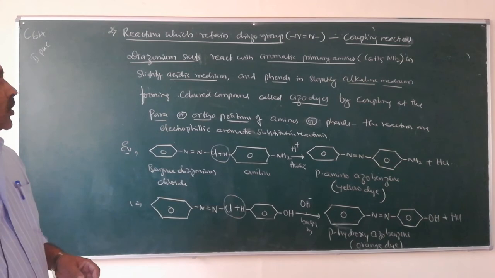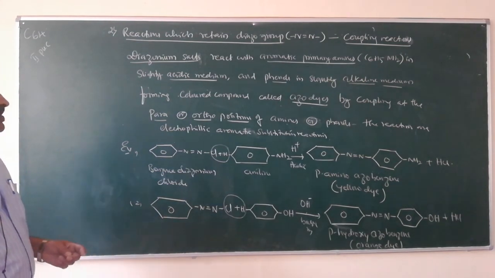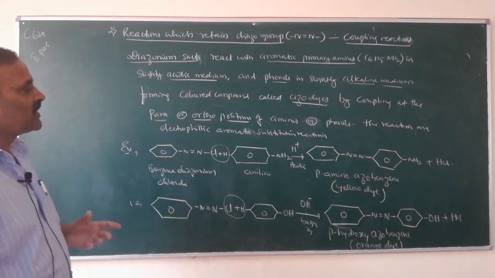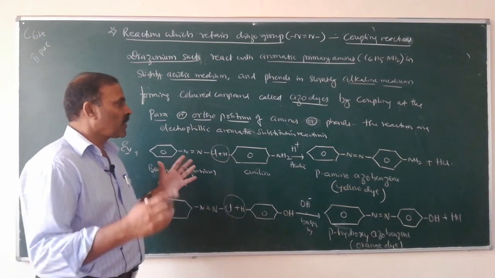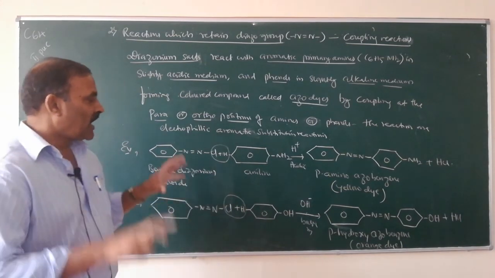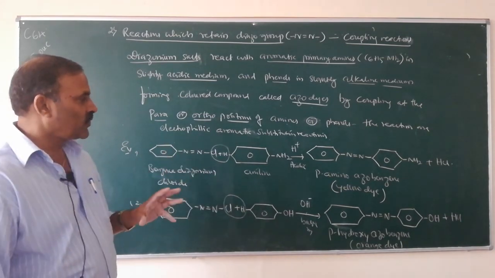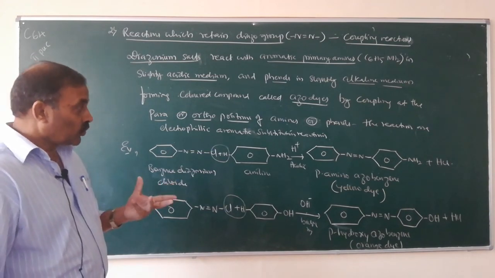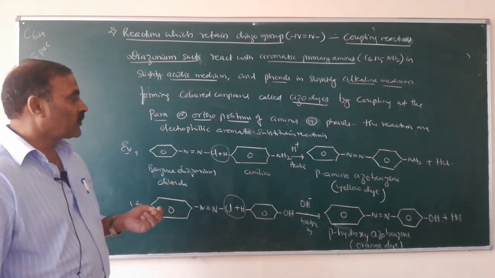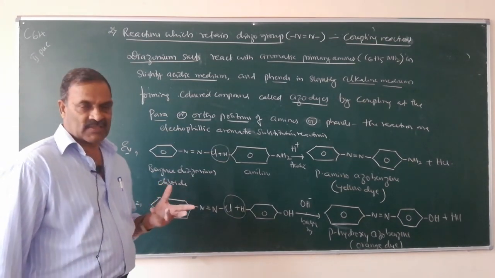So these are called coupling reactions. In these coupling reactions, the diazo group has been retained and two benzene rings are joined through the diazo group, and therefore they are called coupling reactions.